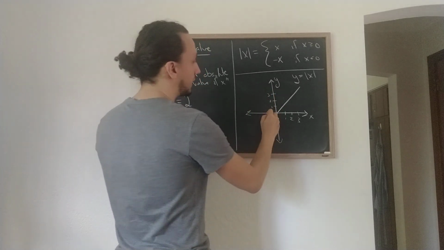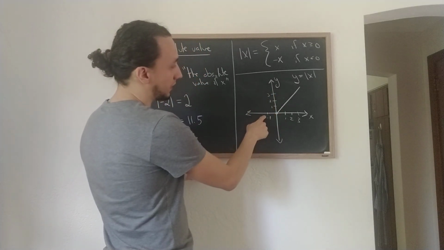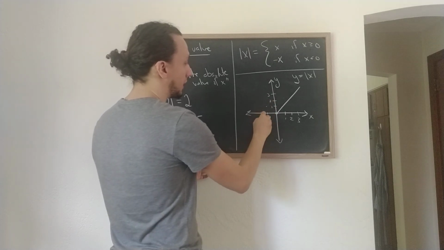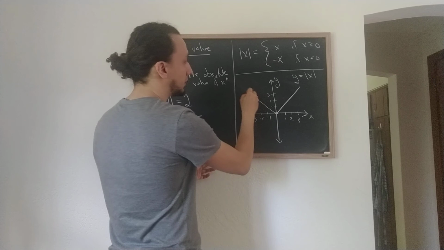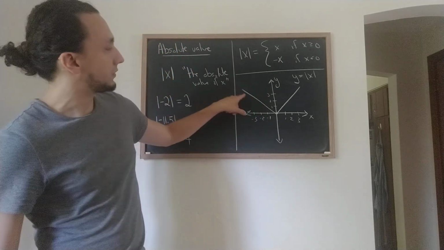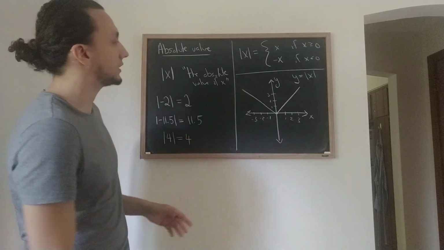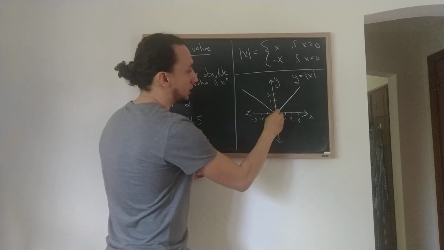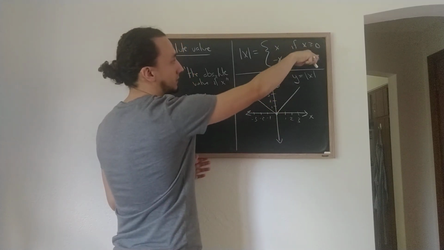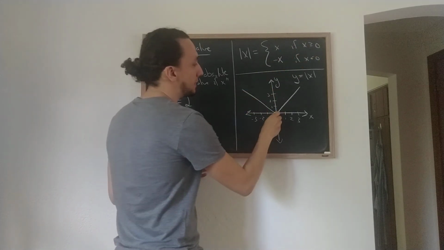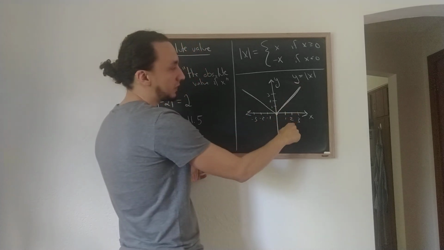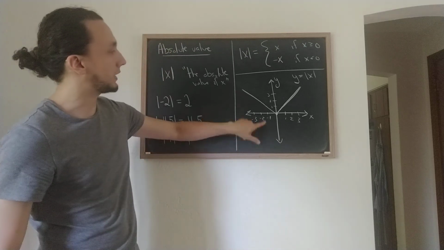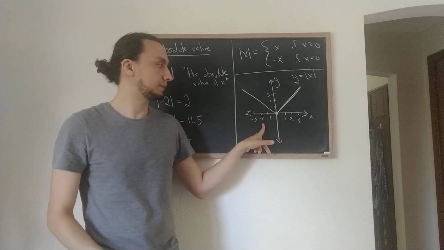And if x is negative, -1 becomes 1. -2 becomes 2. -3 becomes 3. So it ends up looking like this. So the graph of the absolute value function has this kind of sharp point here, which is where the case definition changes. And it's basically just taking any number and forcing it to be positive, which means doing nothing if it's already positive, and multiplying it by -1 if it was negative.